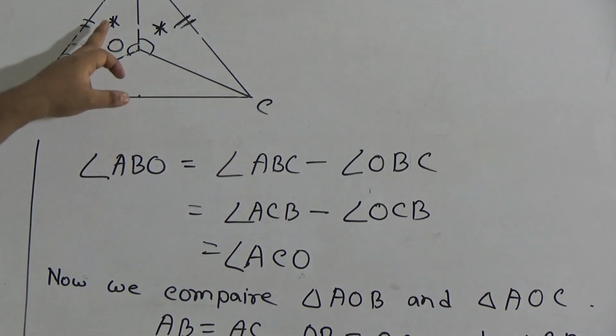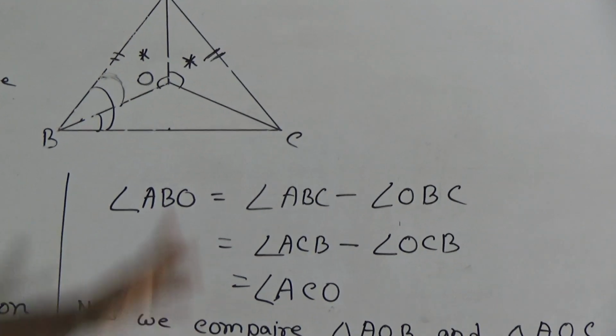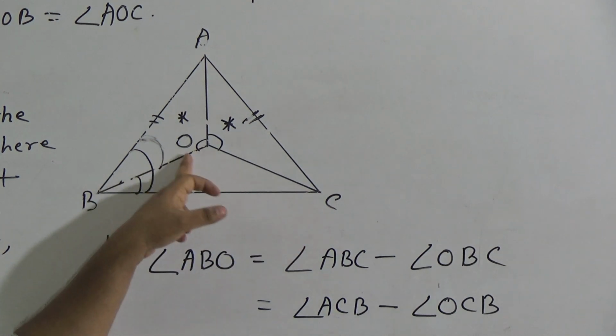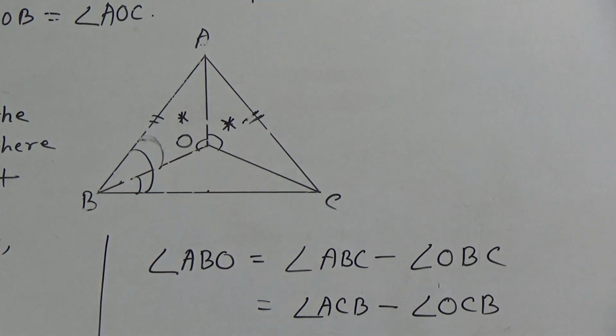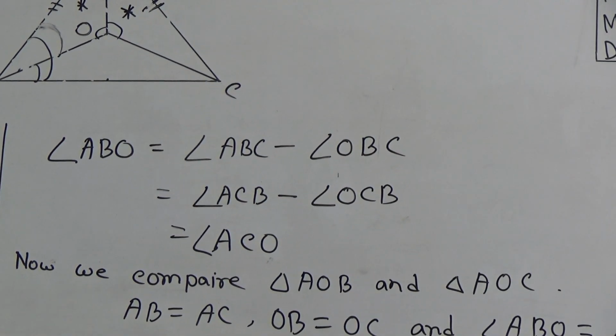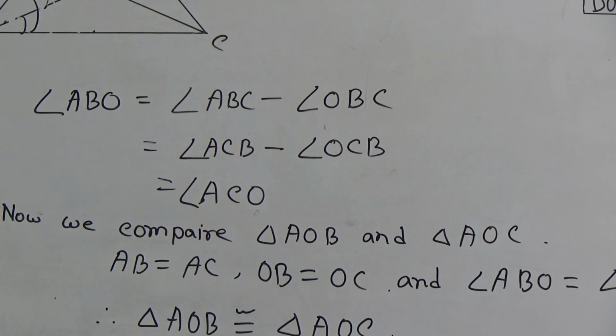Now we compare those two triangles AOB and AOC. Notice in these triangles AB equal to AC and BO equal to CO as they are given, and we have already found angle ABO equal to angle ACO. So we can say these two triangles are congruent. How? Because we know the side angle side theorem.